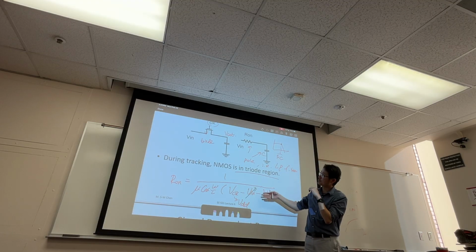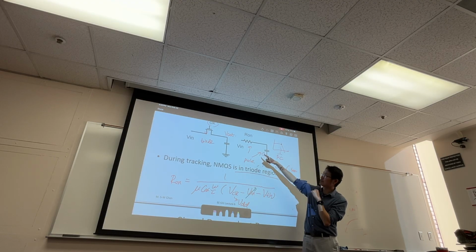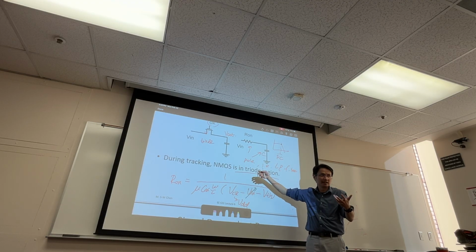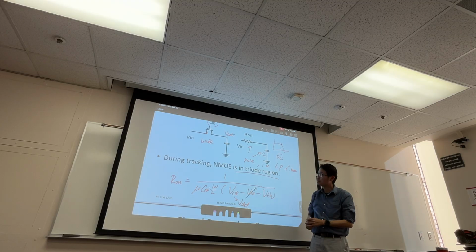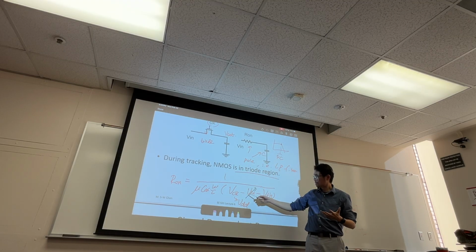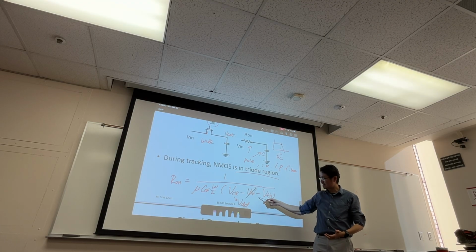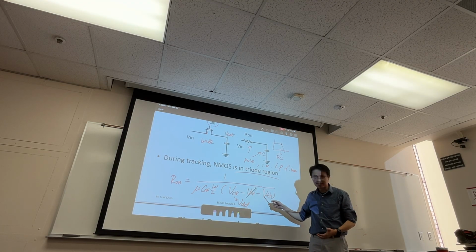In fact, is it possible to cut it off? Because you say it's on, you want that to be on, obviously, you want to track. Is it possible to cut off that switch? If Vin is greater than VDD minus VTH.